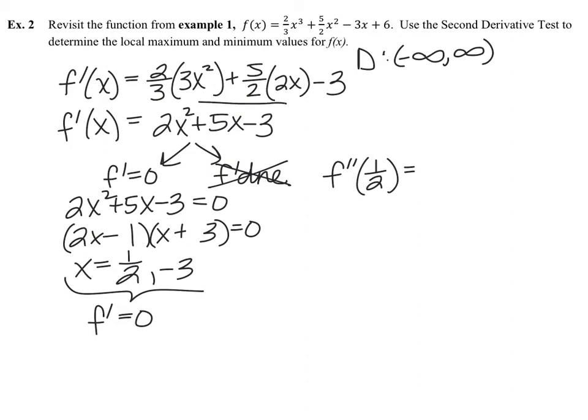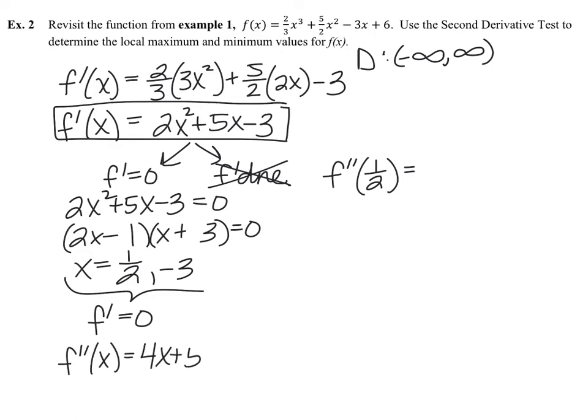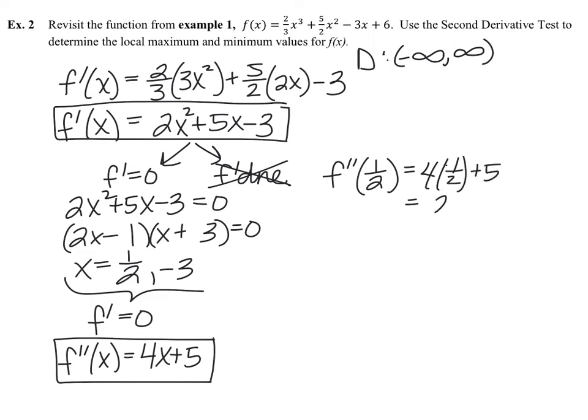So if our first derivative was 2x squared plus 5x minus 3, then our second derivative is 4x plus 5. So we are going to substitute 1/2 into our second derivative. So 4 times 1/2 plus 5 will give us 2 plus 5, which is equal to 7. So now let's analyze what this means.